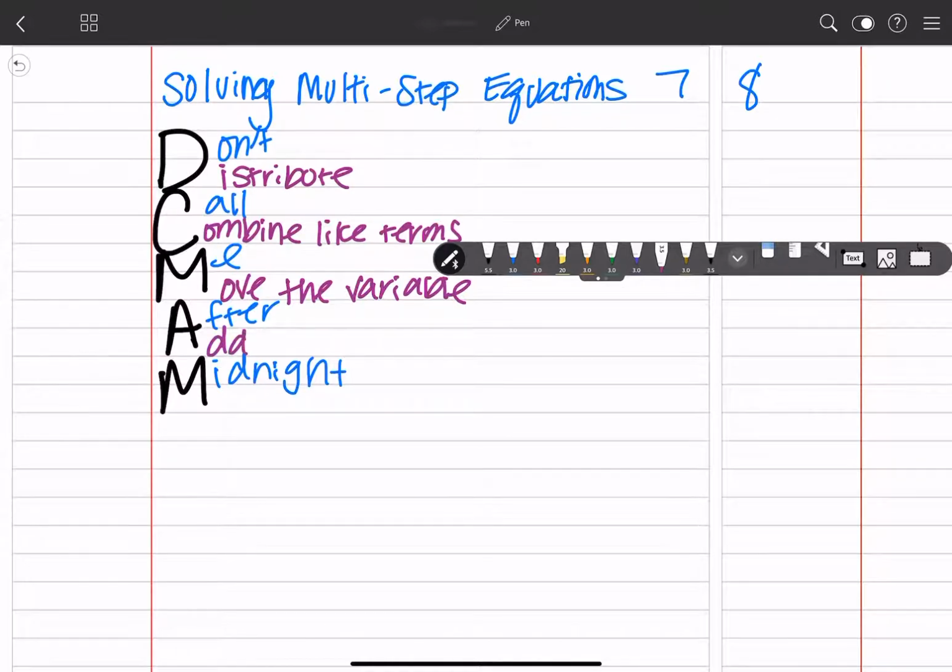Then you do add or subtract, and multiply or divide. So pretty much it's what we talked about yesterday with SATMAP, but a much more sophisticated and upgraded version.